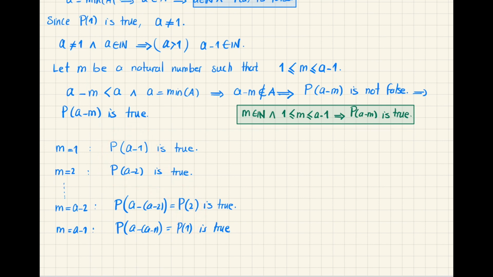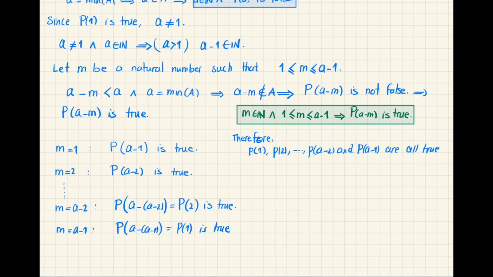So therefore, I have P of 1, P of 2, up to P of A minus 2 and P of A minus 1 are all true.